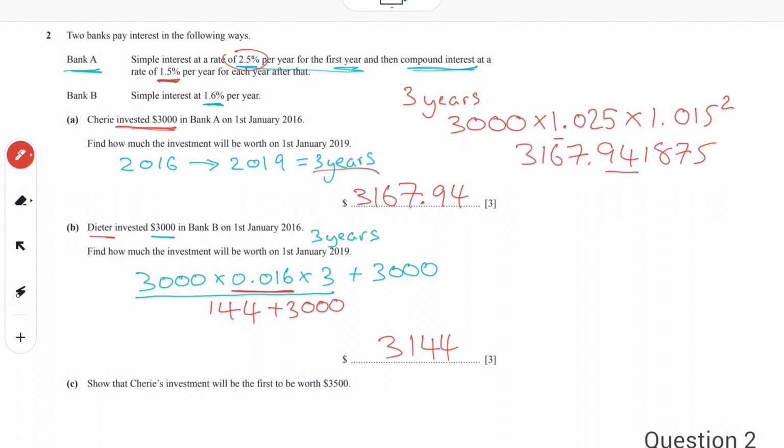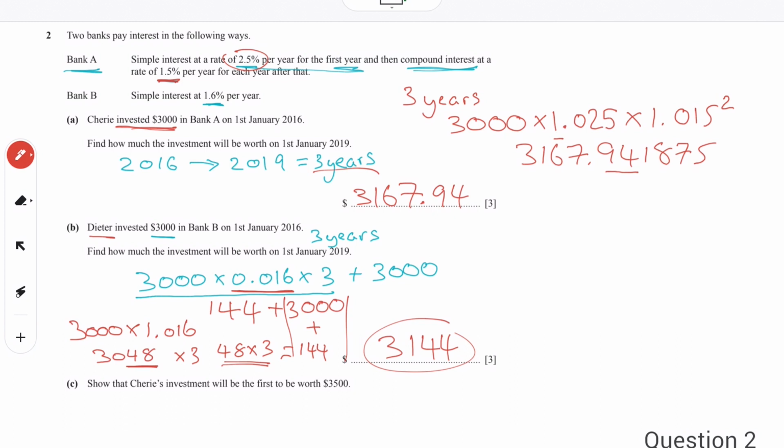Well, if I do it in such a way whereby I've got 3,000 times 1.016, then I will get the number 3,048. So I'm going to take that figure there and multiply that by 3. So 48 times 3, and I will still get 144, which I would add to that, which would give me that number there.